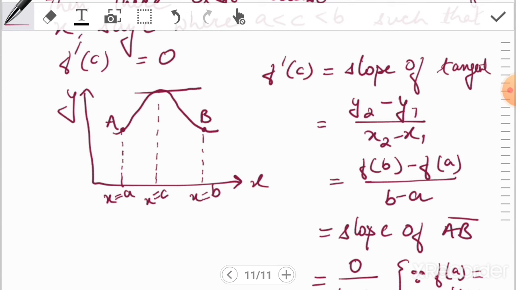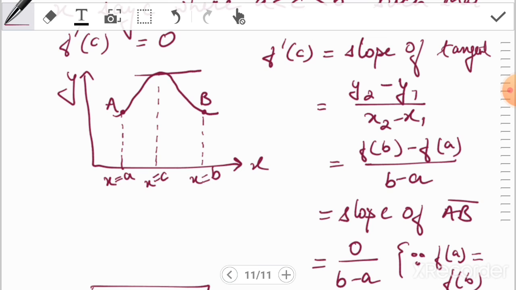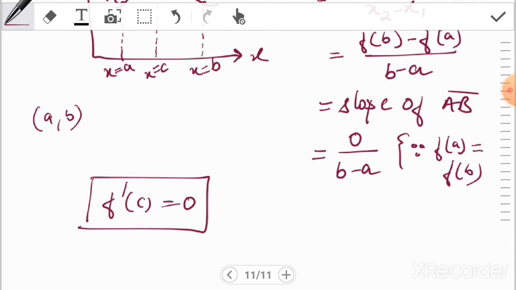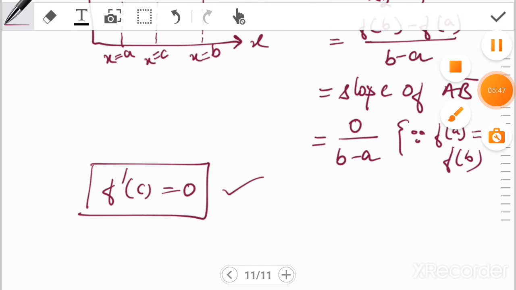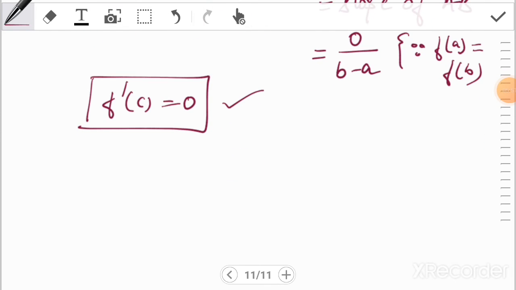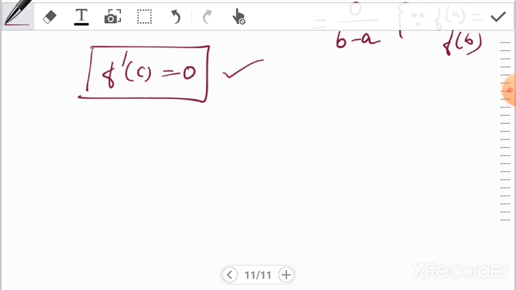That is, there exists at least one real number c in (a, b) such that f'(c) is 0. There may exist more than one point between A and B, the tangents at which are parallel to the x-axis.